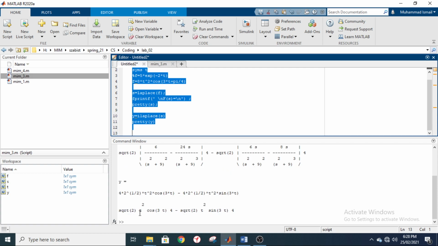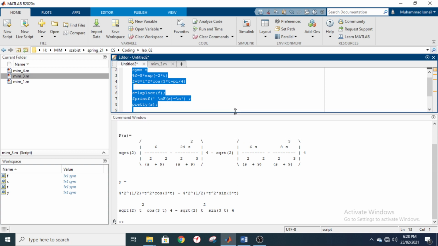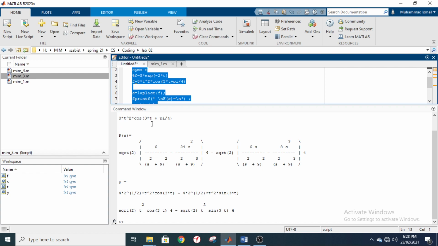So basically this is given as t square cos 3t minus t square sin t. Basically we have many different ways to write this expression. Okay, we can use cos 3t plus pi by 4. We can expand it in terms of cos and sin.